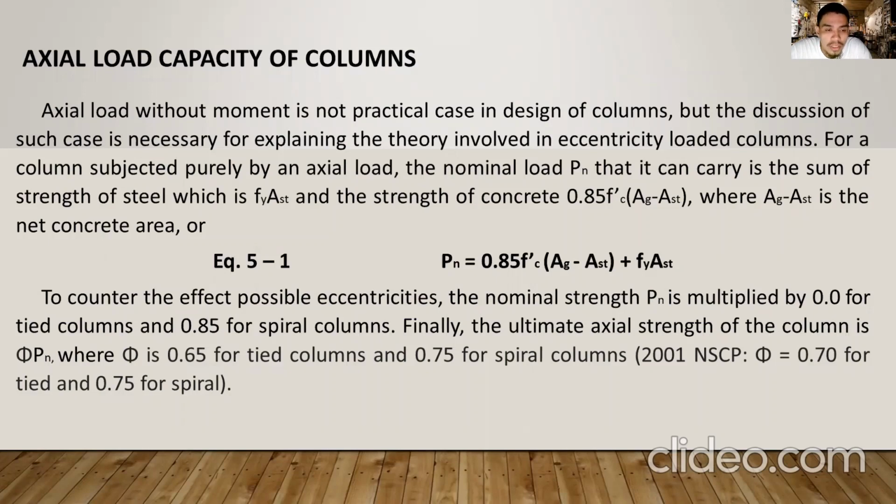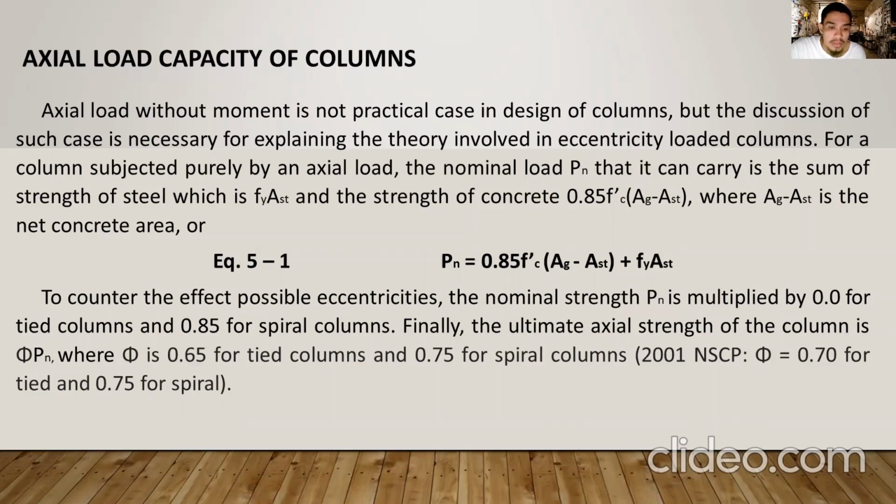For a column subjected purely to an axial load, the nominal load Pn that it can carry is the sum of the strength of steel, which is Fy times the area of steel reinforcement, and the strength of concrete, 0.85 f'c times the gross area minus the area of steel reinforcement, where gross area minus steel area is the net concrete area.